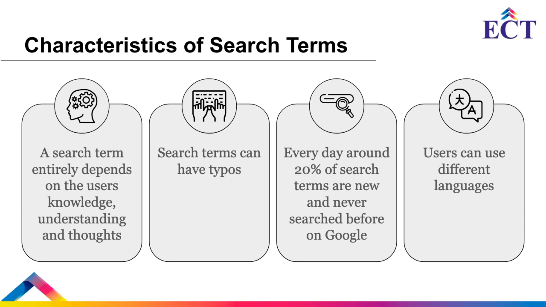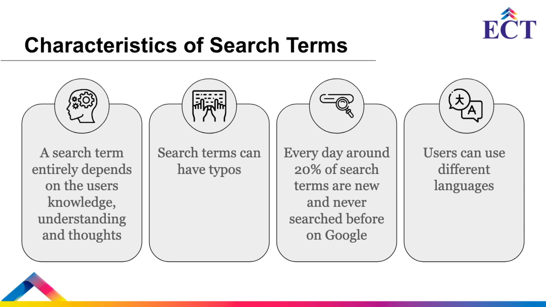In fact, Google suggests that every day around 20% of search terms are new and never searched before on Google. It means that every day people are searching new things they have never searched before.